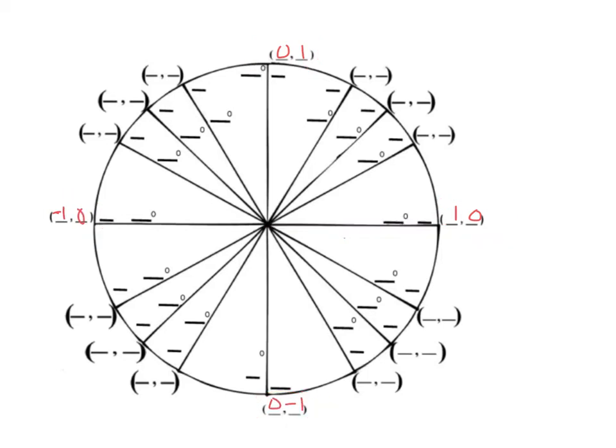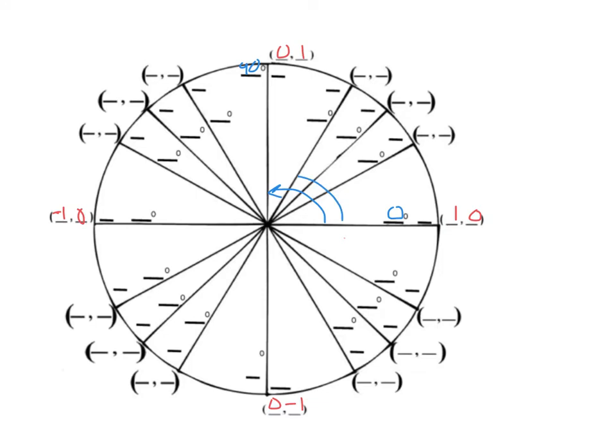So before we do anything else, let's talk about the angles that each of these represent. This first one right here, that's 0 degrees. We're not going to do it in order actually. This one right here, if I go all the way to that 0, 1, that's at 90 degrees.